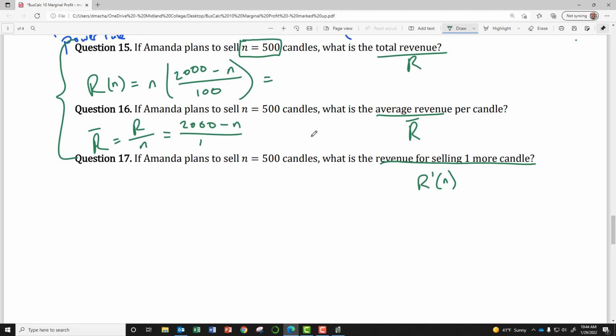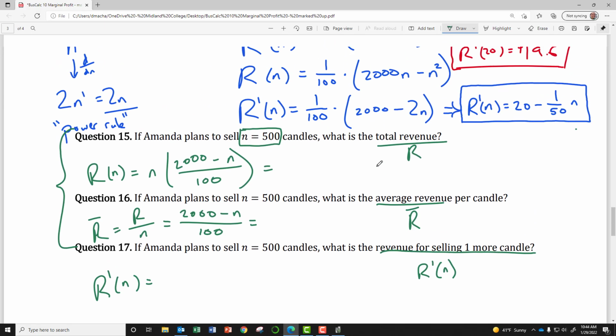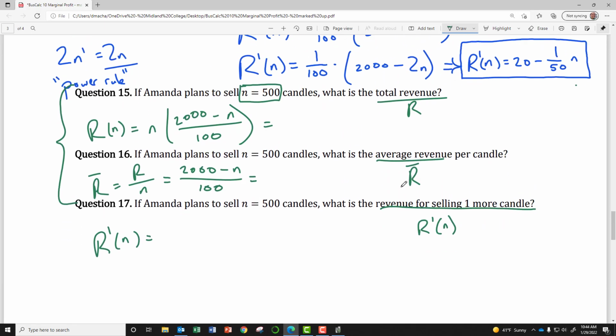You remember our discussion about that a moment ago. And then my marginal revenue function we found just a moment ago, which is up here. The marginal formula, which is just the derivative, is 20 minus 1 over 50 times N.